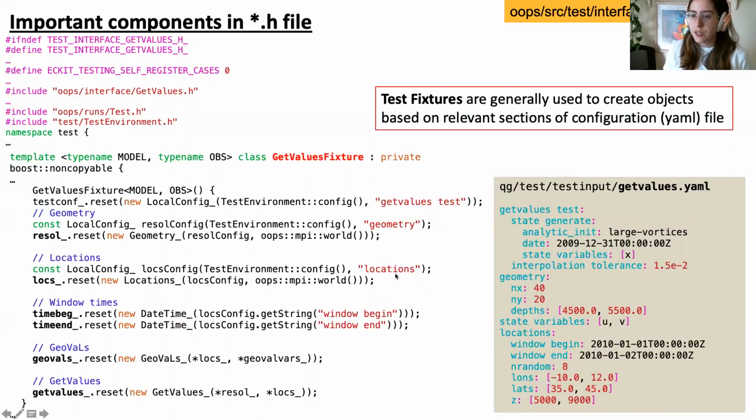For example, you are reading geometry from your YAML files, and you can see the corresponding geometry here, and it will read it as a result here. Or if we look at locations, you can find the corresponding locations in the YAML file, and it will read it as locs and so on. So you can go to this file for more details.